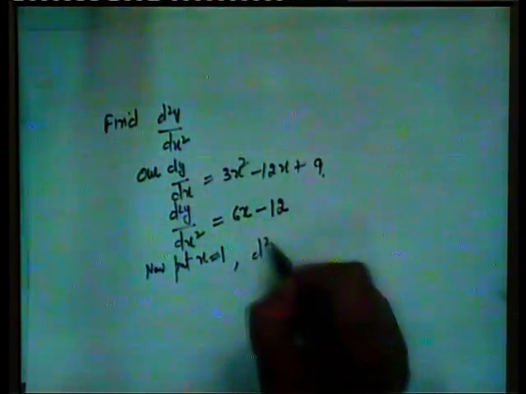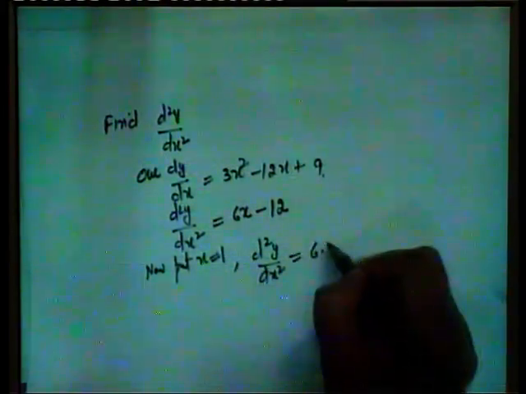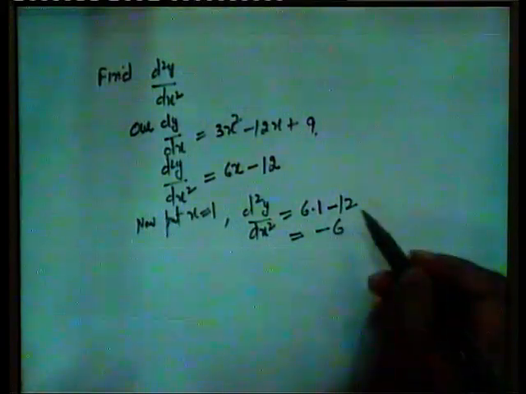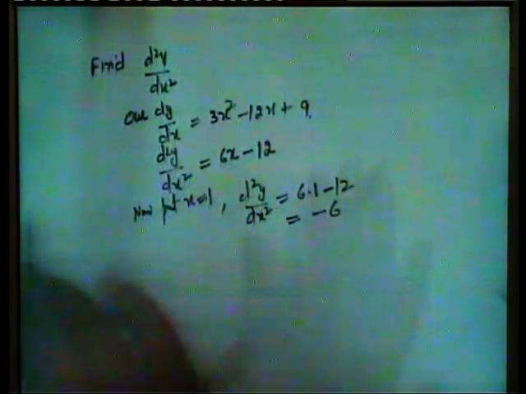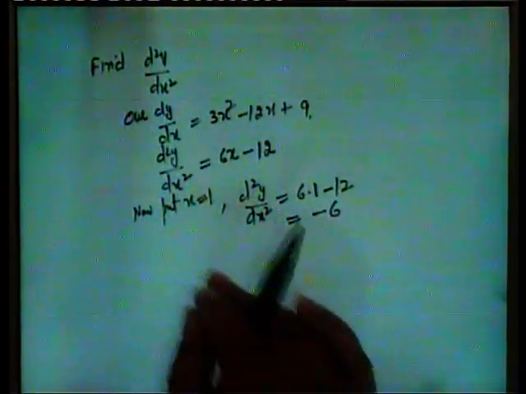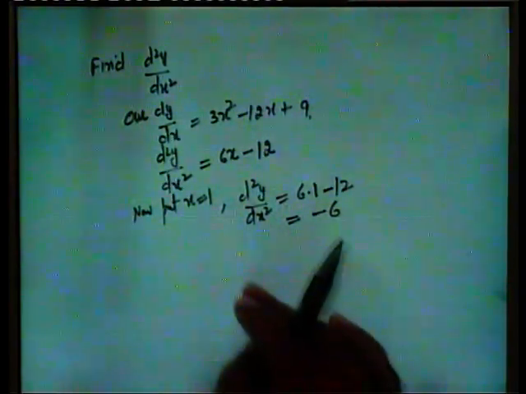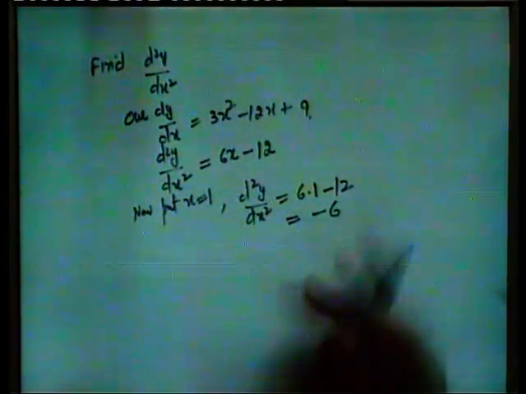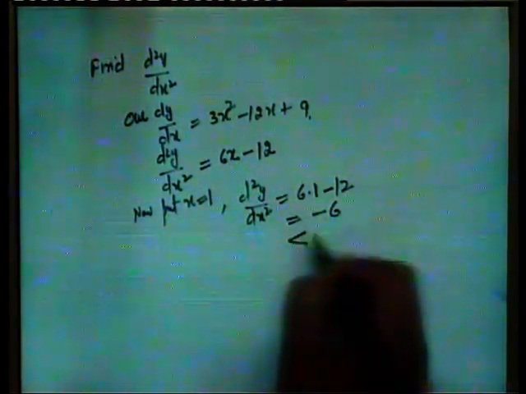At x is equal to 1, d2y by dx square is 6 into 1 minus 12, which is minus 6, which is negative.